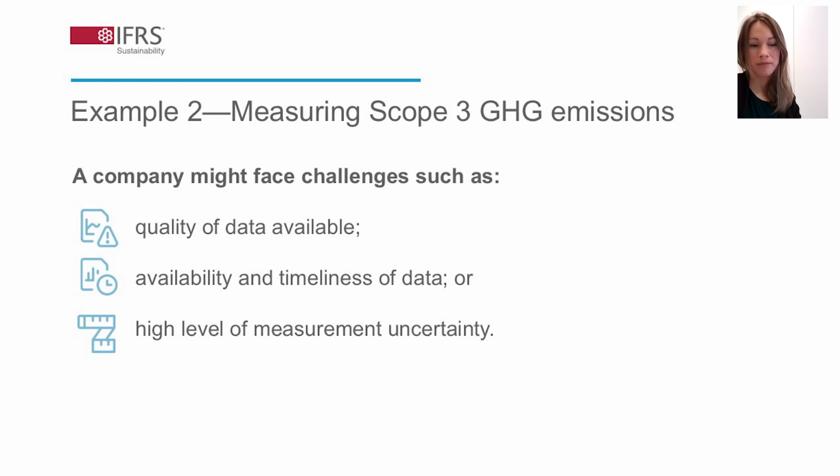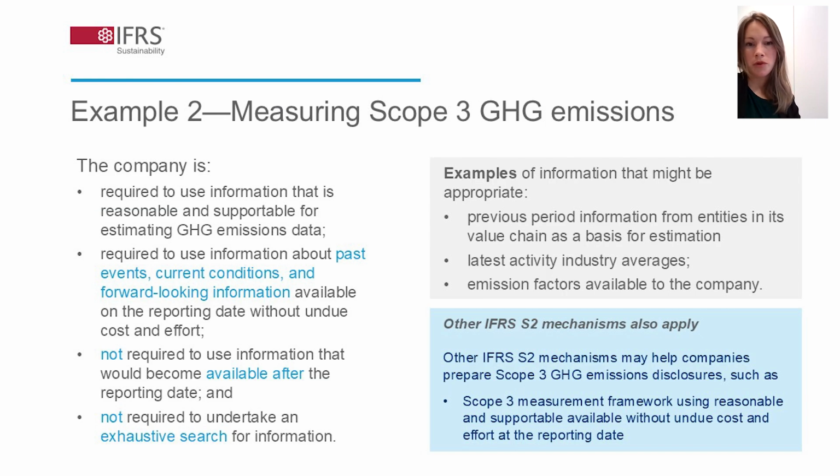Using the proportionality mechanism of reasonable and supportable information without undue cost provides parameters to help the company identify the type of information that it could use in preparing its disclosure in order to comply with the requirement to measure and disclose its Scope 3 GHG emission.